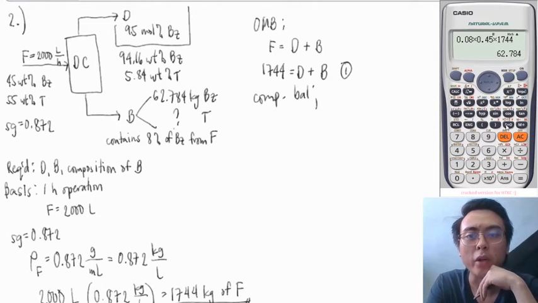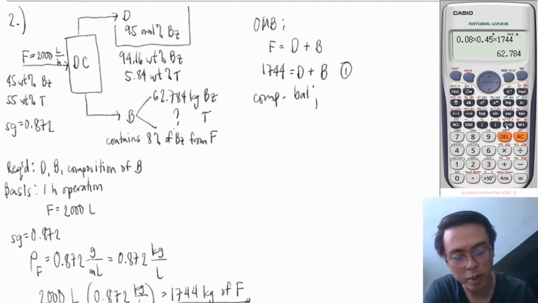You only have two components, that's benzene and toluene. You don't have a tie component, so you have to choose between benzene and toluene, but it would be easier if you solve using benzene because benzene already has a value of mass in the bottoms product. And toluene, we don't have any value, so we cannot solve the problem. So let's perform the benzene balance.